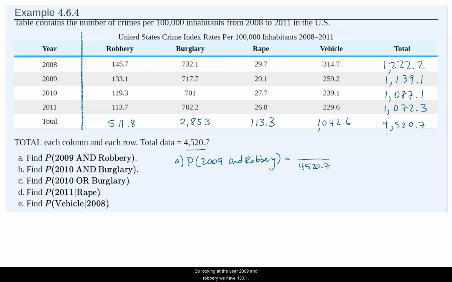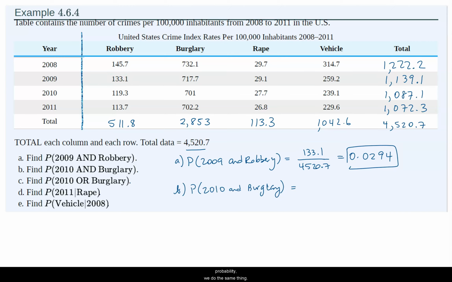So looking at the year 2009 and robbery, we have 133.1. So dividing that out, 133.1 divided by 4,520.7, we get a probability of 0.0294.